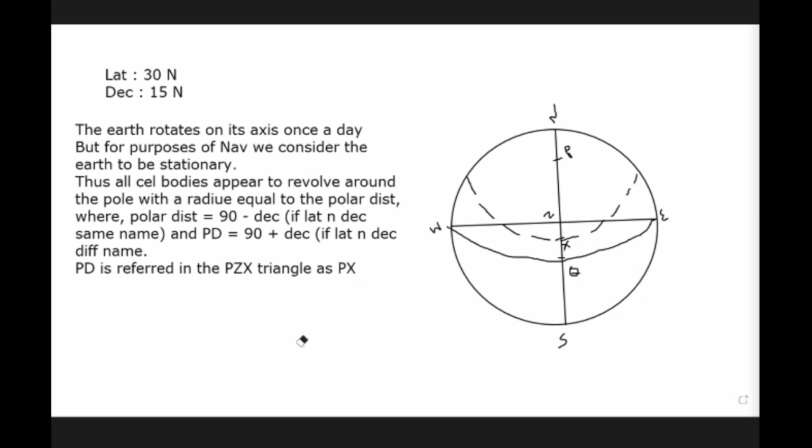So this is how you have to draw. Always remember when you're drawing, this end would be a little more elevated, because it is going around the pole. So it is rising over here, coming on the meridian over here, and setting over here. Along its journey from rising to setting is what we call the PZX triangle we can form.